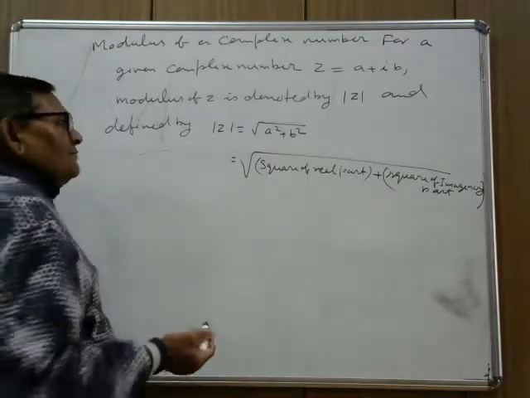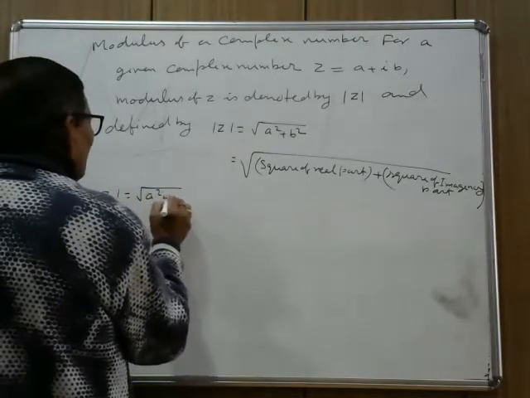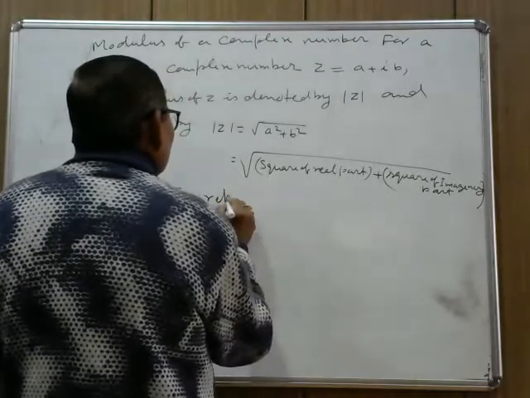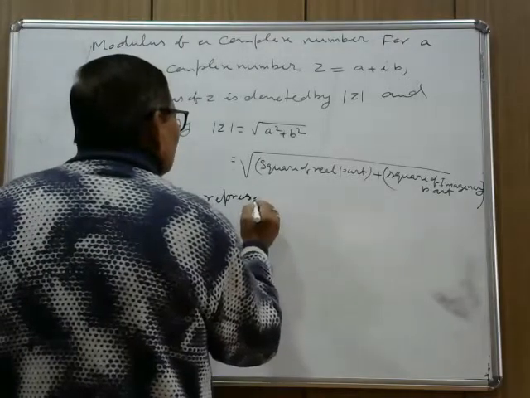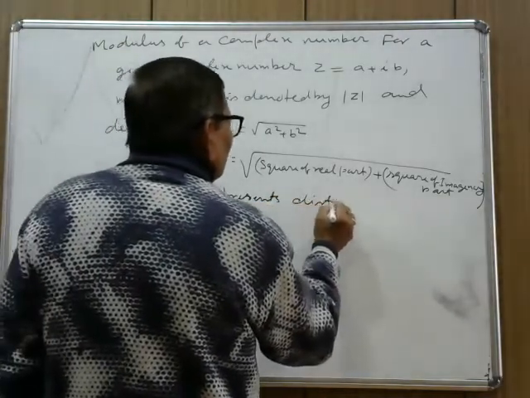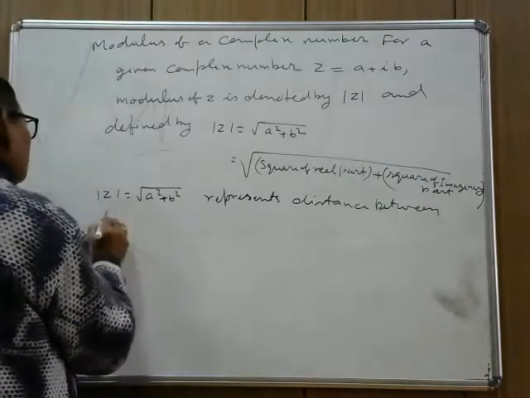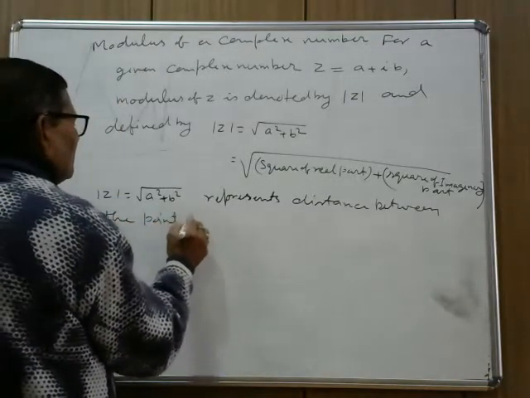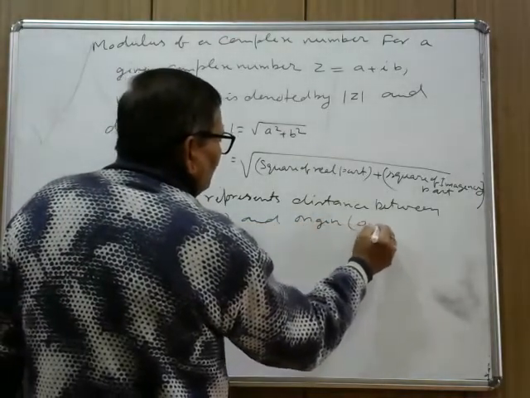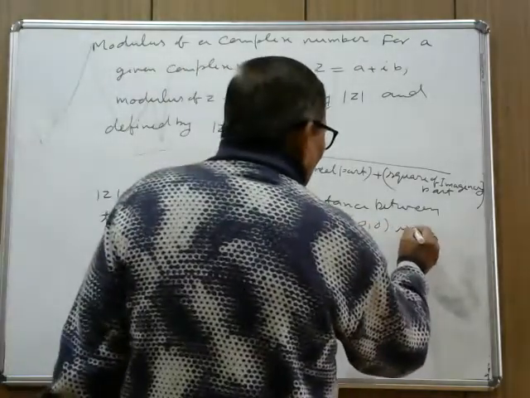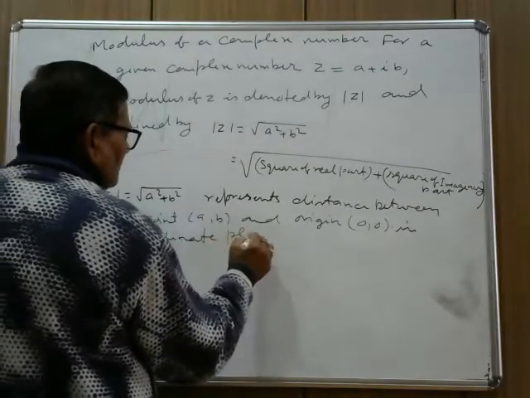The sum of the squares of these gives the modulus of z, and mod z equal to under root a square plus b square represents the distance between the point a, b and the origin 0, 0 in the coordinate plane.